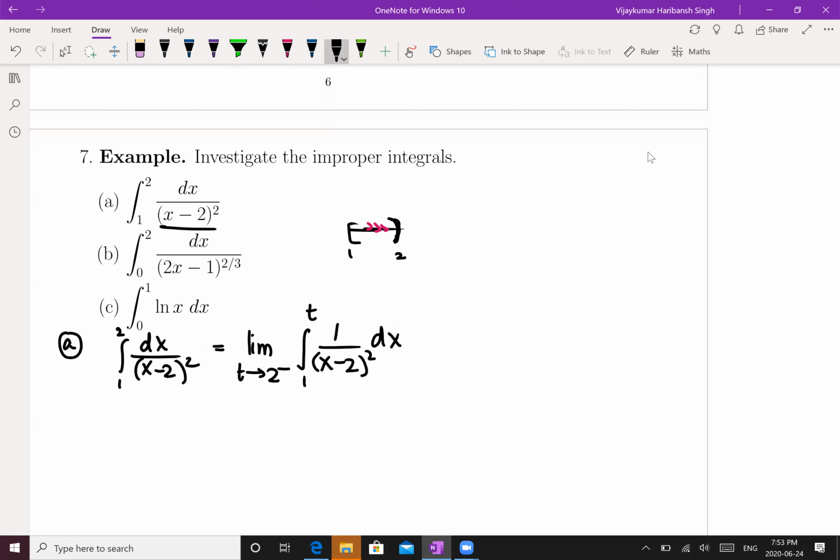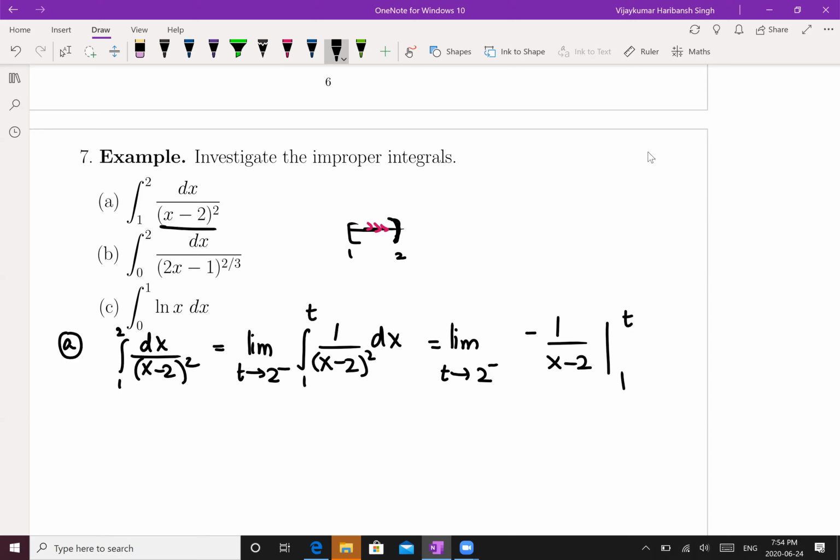Now, what is this equal to? This equals the limit as t goes to 2 minus of, what is the integral of this? Minus 1 upon (x minus 2), from 1 to t.